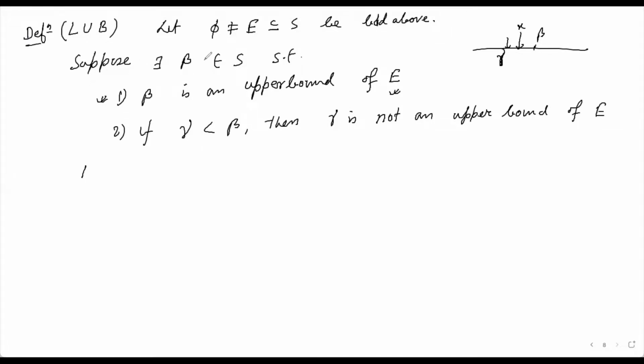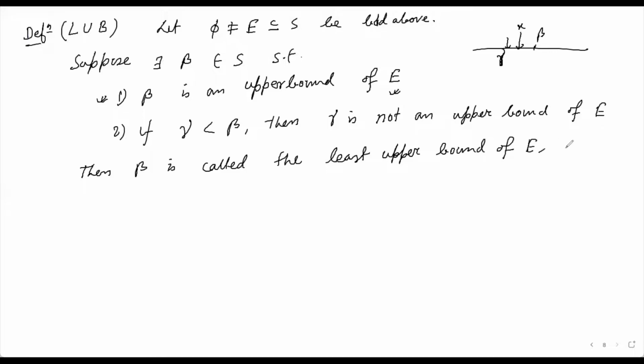Suppose that there exists some beta in S which satisfies these two conditions, then beta is called the least upper bound of E, and denoted by supremum of E, equal to beta.